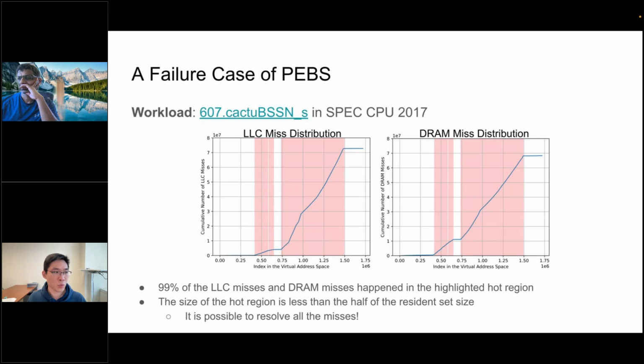We scan the page table and get all the mapped virtual addresses and sort them in ascending order. We do that because there are some gaps in the virtual address space and we want to skip those gaps. I see, so we only look at the mapped pages. Only the mapped, okay. Got it.